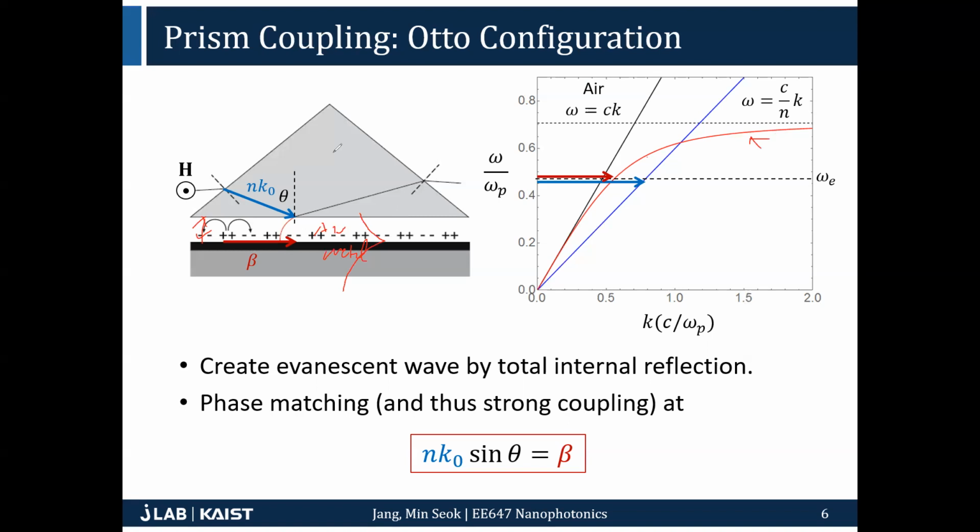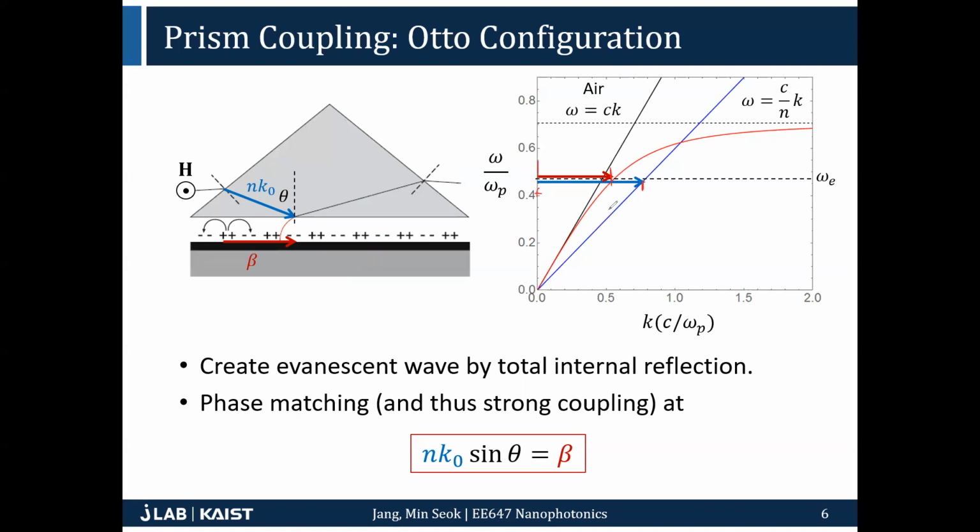Whereas in the prism, the index of the prism is large enough so that its K vector can be even higher than the K vector of plasmons.